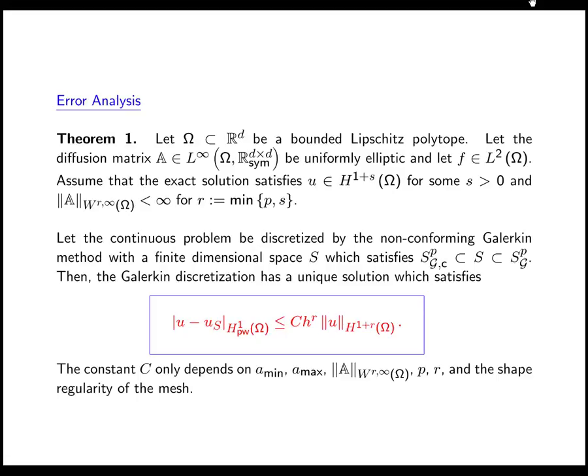This is the space of Crouzeix-Raviart with this implicit condition. And if you take any space in between, so S could be this one and this one, but any space in between, you get this estimate. This will be important later.